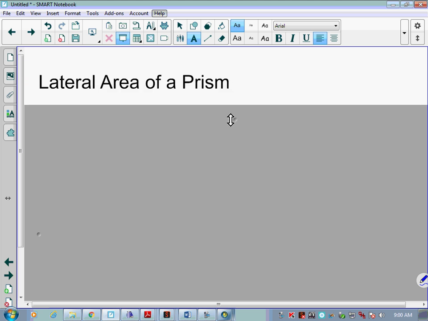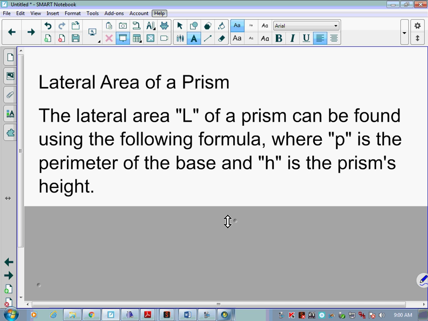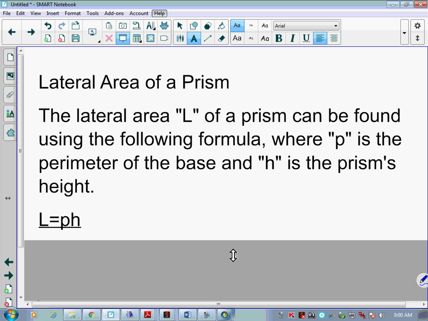We're going to talk about the lateral area of a prism, and we've got a formula here. The lateral area, L, of a prism can be found using the following formula, where P is the perimeter of the base and H is the prism's height. Now remember, in a prism, the bases are polygons that are parallel to each other.